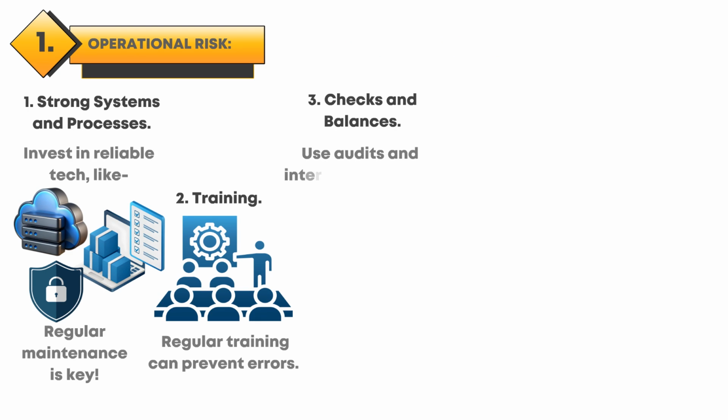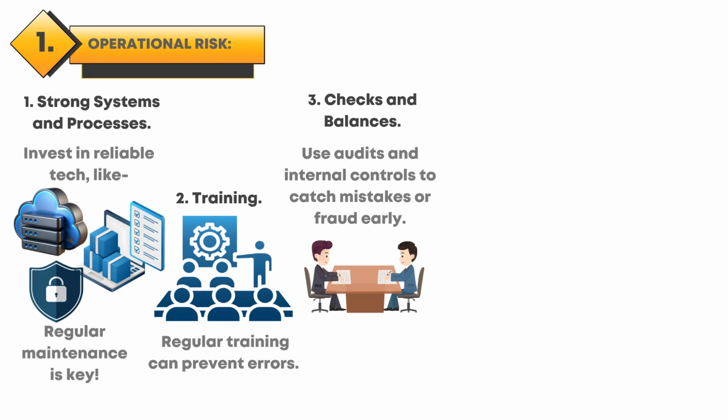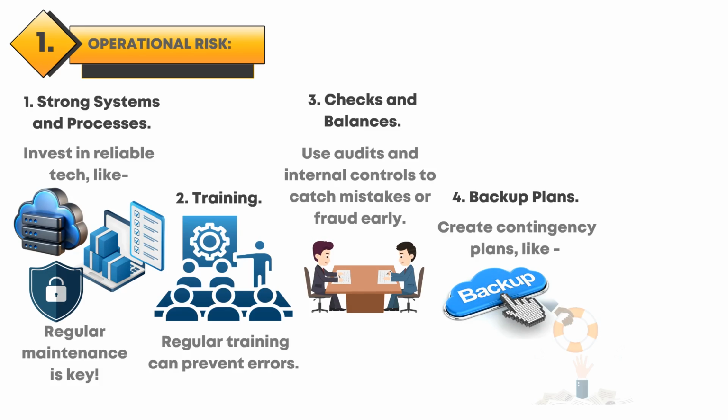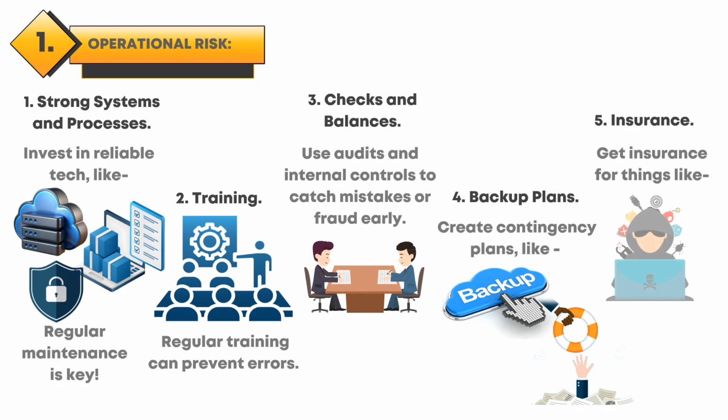Use audits and internal controls to catch mistakes or fraud early. For example, have 2 people review financial transactions. 4. Backup plans. Create contingency plans, like backup servers or disaster recovery protocols, to keep things running if something fails. 5. Insurance. Get insurance for things like cyber attacks or equipment failure to cover potential losses.